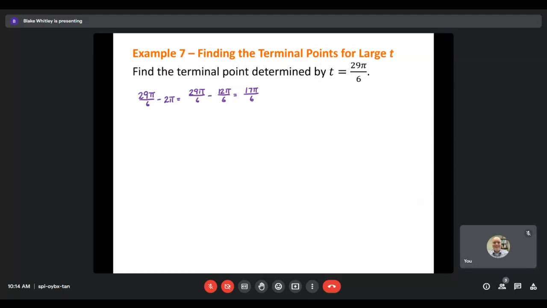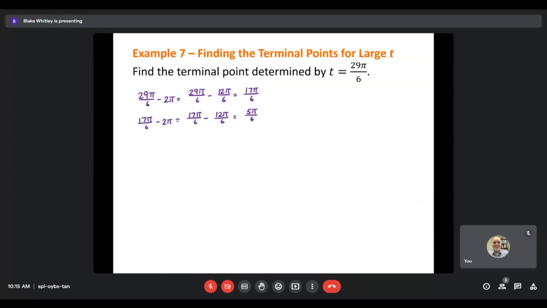Now we just said that 2 pi is equivalent to 12 pi over 6, so 17 pi over 6 is still more than a full revolution. So I'm going to have to subtract again. 17 pi over 6 minus another 2 pi. Again, with our common denominator, that becomes 12 pi over 6. And now we get 5 pi over 6.